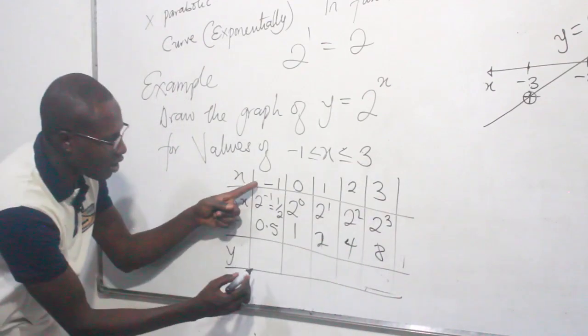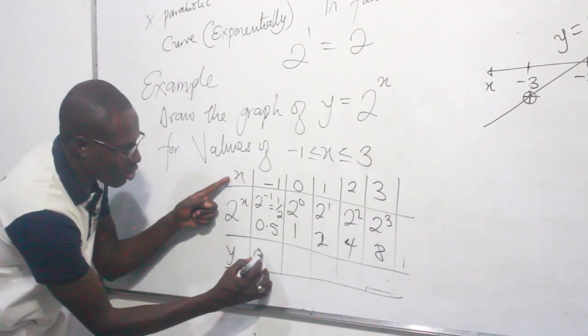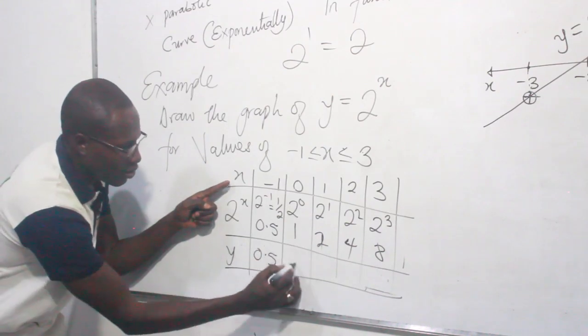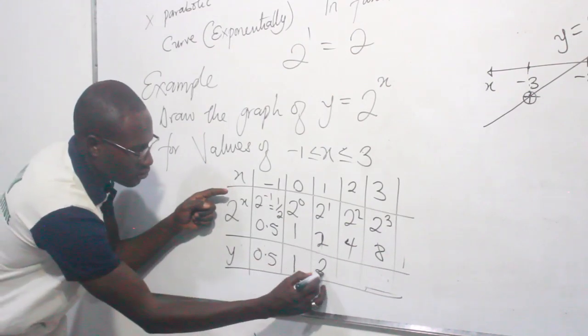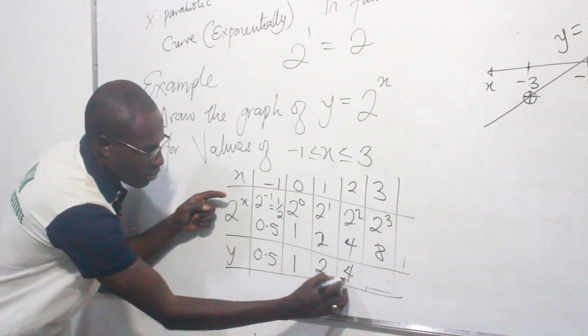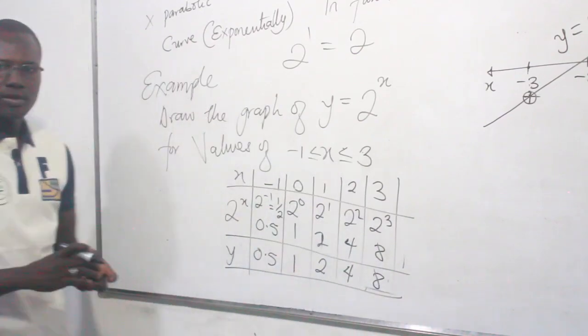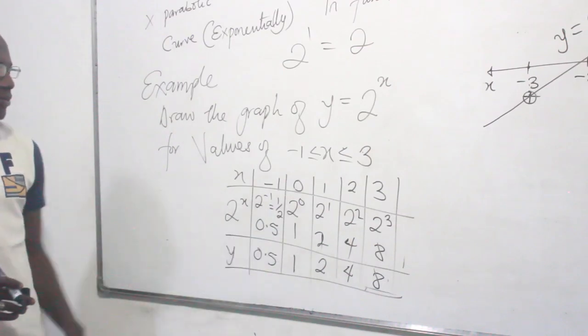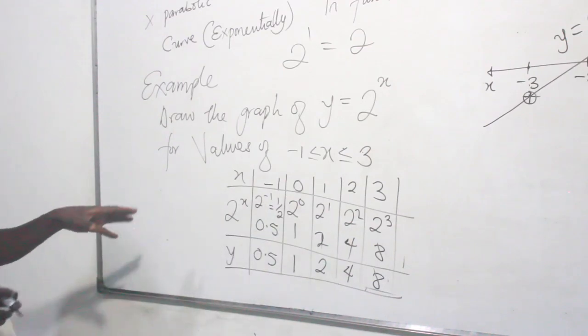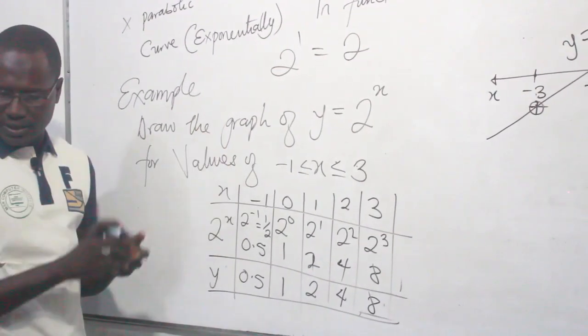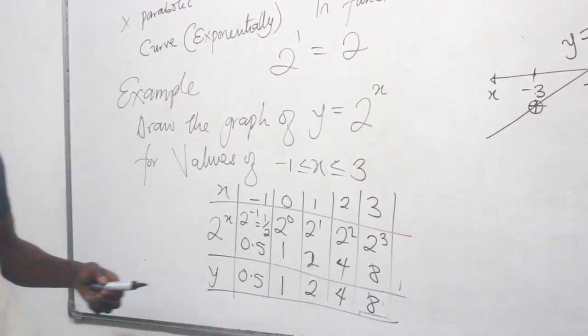So the values of y will be 0.5, 1, 2, 4, and 8. On plotting this graph, you will realize that the graph will be increasing exponentially.